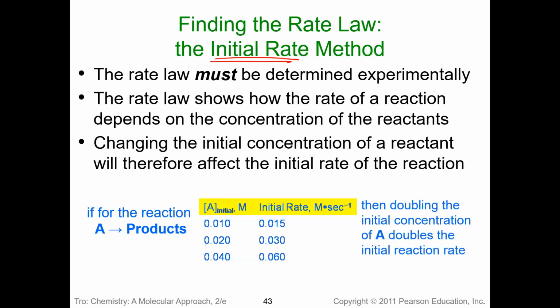This one here, again, we doubled this, and this also doubled, or it was proportional. So whatever we did here, the same thing happened with the rate. This is a first order reaction. Our next one, we doubled this, but this went up by 4. This is a second order reaction.